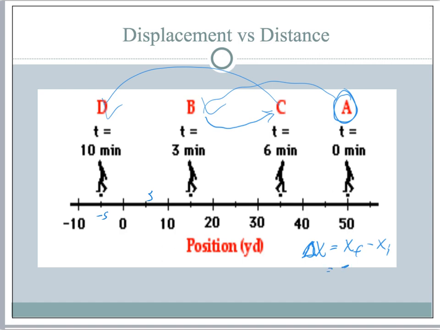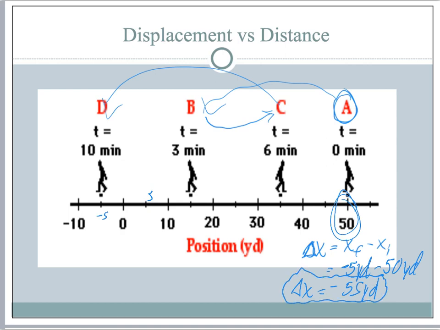So his final position is -5 yards minus his initial position. What was his initial position? Initial position was 50. So what's -5 minus 50? Well, that would mean a change in position of -55 yards. And we see we have exactly what we need here. We have negative for our direction, and 55 yards is our magnitude, so our displacement would be -55 yards.